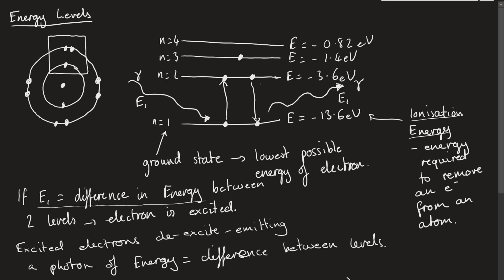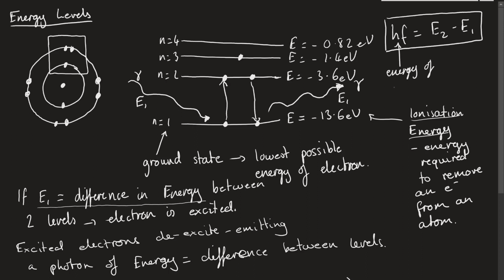Okay, so this is the same for it being excited or de-excited, and there is an equation that you can find in your formula sheet that says that hf is equal to E2 minus E1. Okay, so this is the equation for this, and hf is just the energy of a photon. Okay, energy of a photon. And E2 is the energy level that you're going to, and E1 is the energy level that you started from.